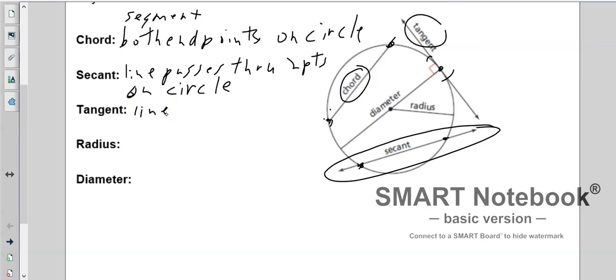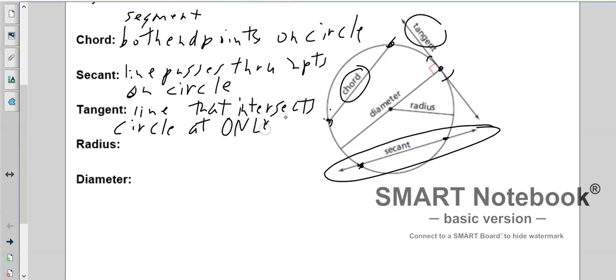So it's a line that intersects or touches only one point. It's very important. It looks like it touches more, but it really only touches right there.